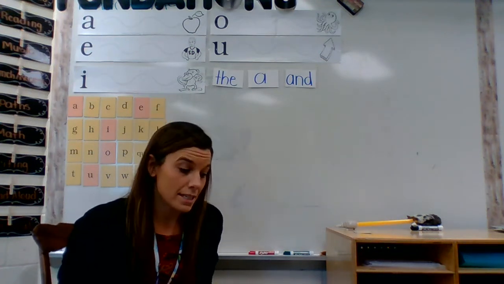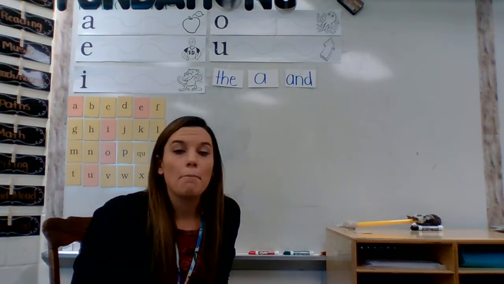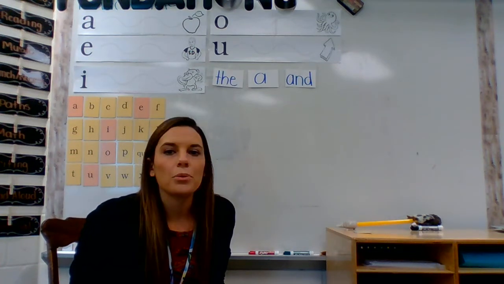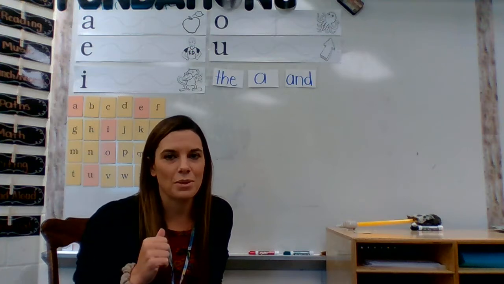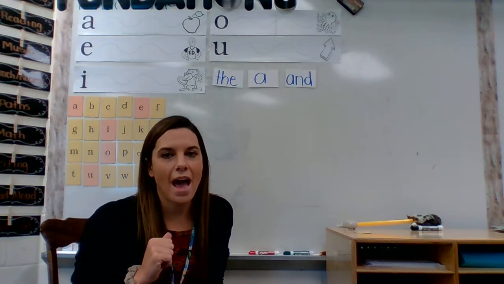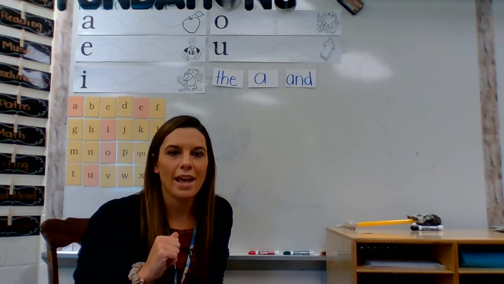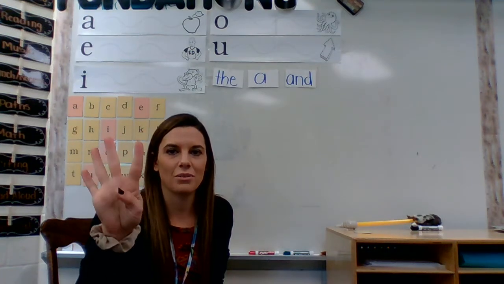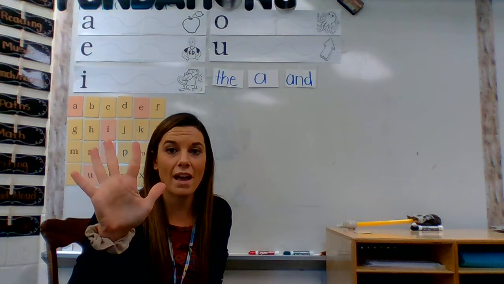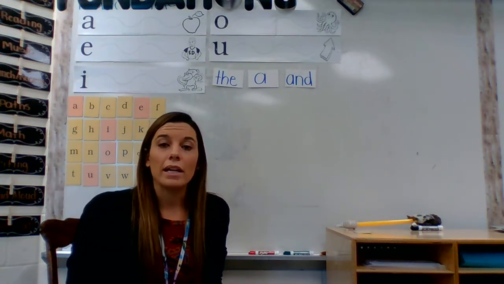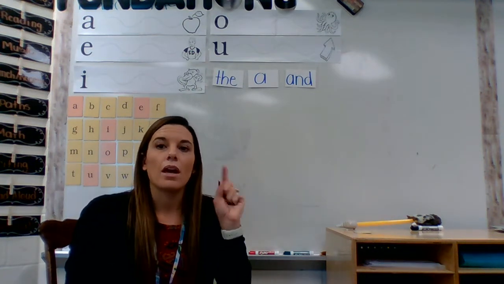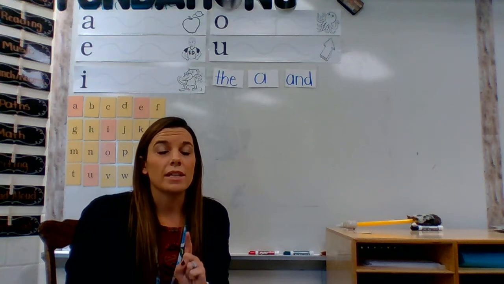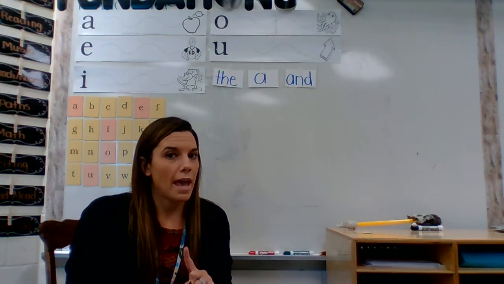So our sentence today is, Meg had the red hat. Say it with me. Meg had the red hat. There should be 5 words. Now, I do need you to remember that the very first word in a sentence always starts with a capital letter.